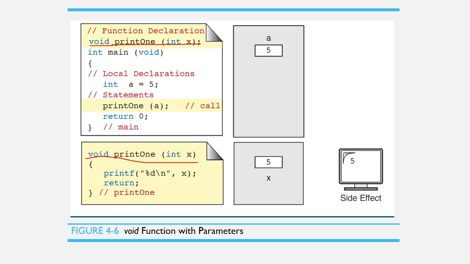Also, this function call print1 has an actual parameter a, in which a is of type integer. The value of a, which is 5, will be passed here.